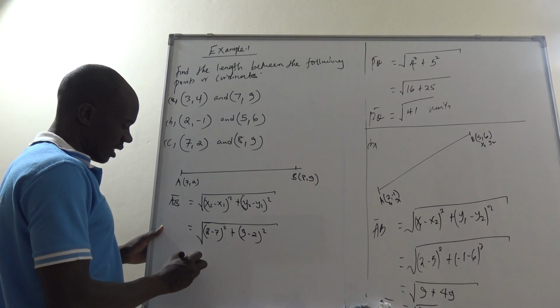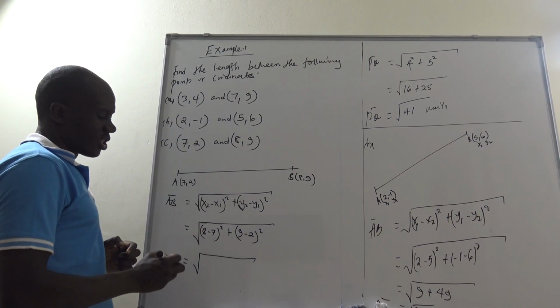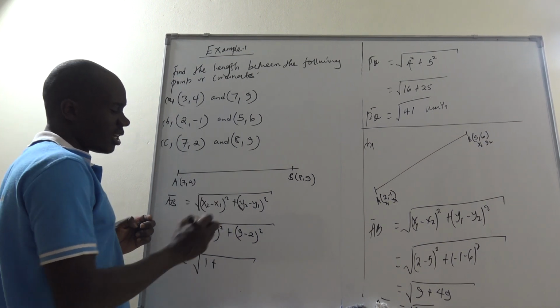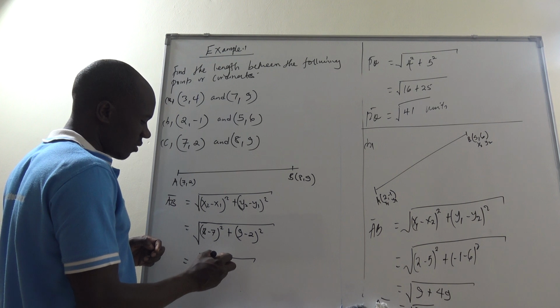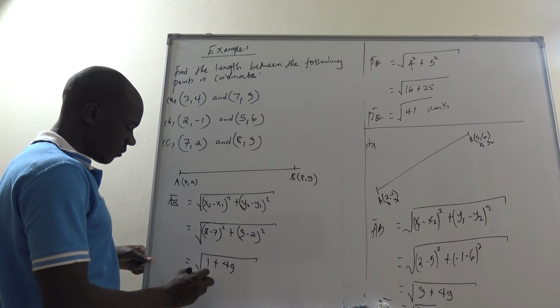So what are we getting there? We are coming out with root of 8 minus 7, that's 1, 1 squared remains as 1, plus 9 minus 2, you are getting a 7, and 7 squared, you are coming out with 49, which becomes root of 50.